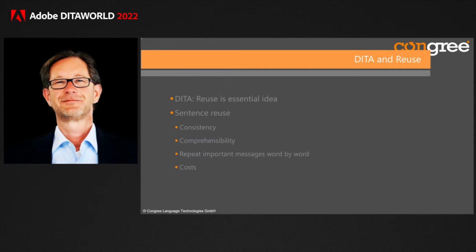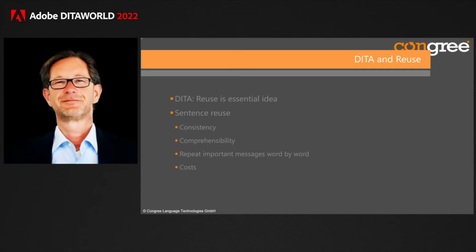Most likely topics are not created by one and the same person. Most likely you have various writers, subject matter experts, developers, and so on that contribute to the number of topics which you have. So if on a sentence level within your topics, one and the same thing will be expressed in different ways, that won't help your audience to understand and to reach a better comprehensibility.